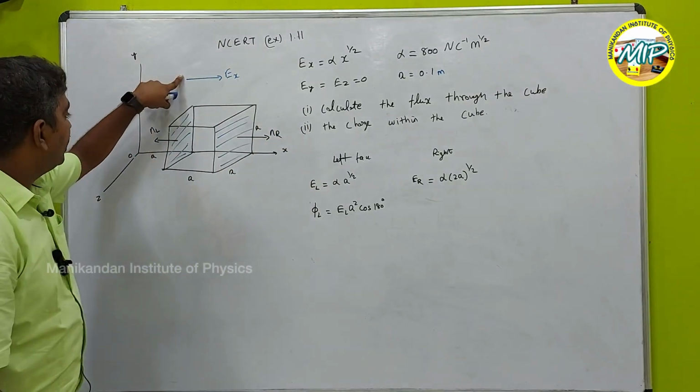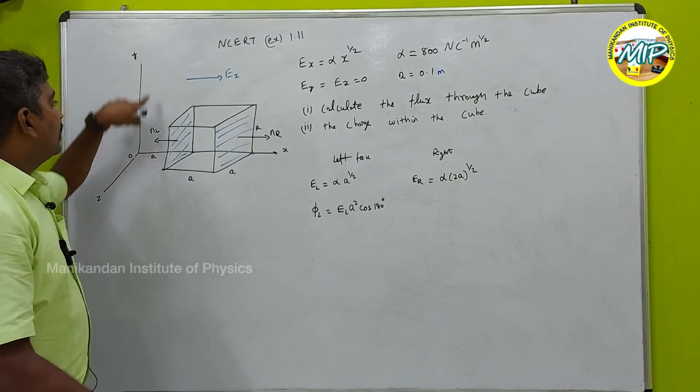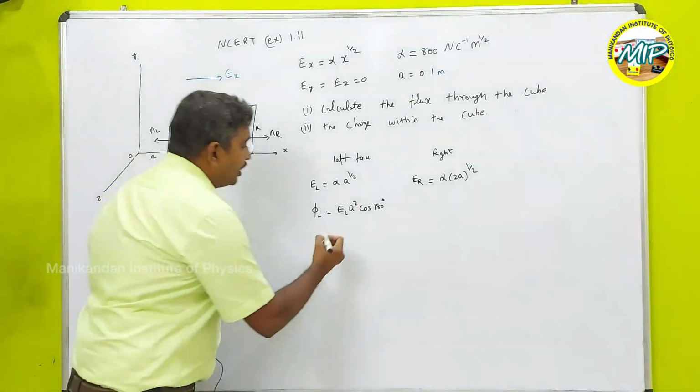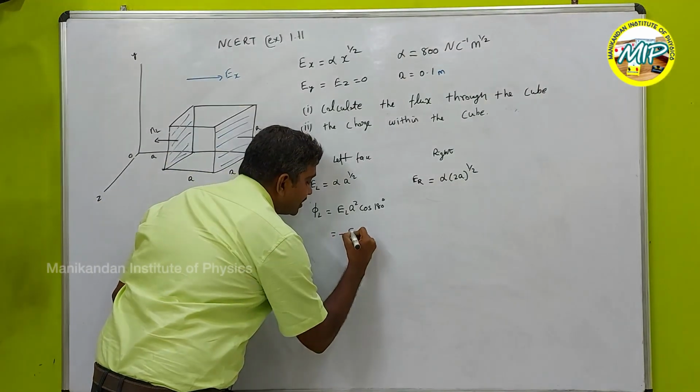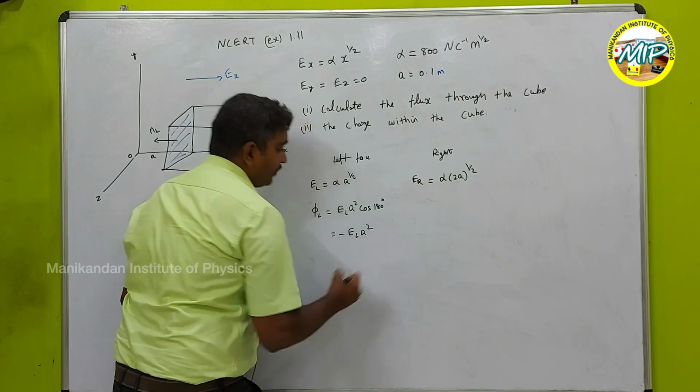Because my electric field and the normal vector are anti-parallel to each other, this is going to be minus E_L a square.